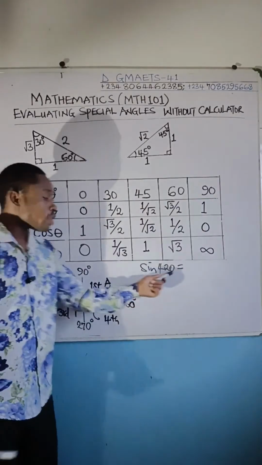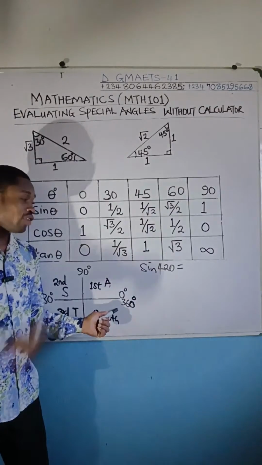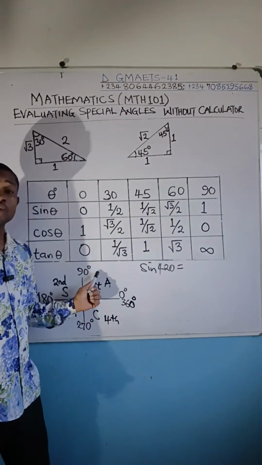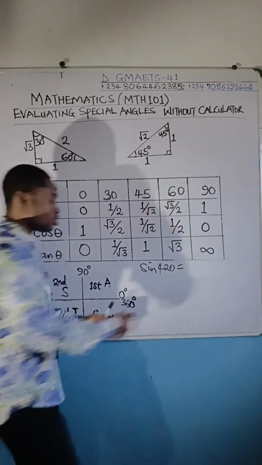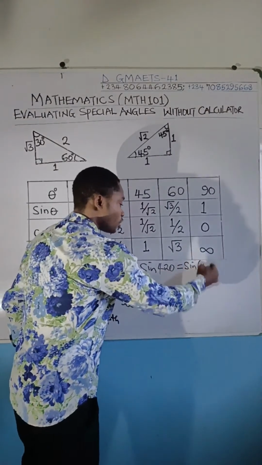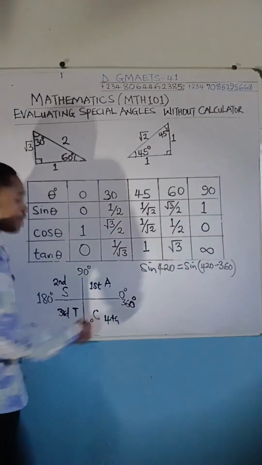Now, 420 will be subjected to the same treatment as 360. Since 420 is above 360, we are back in the first quadrant again. All you are going to do is to work with sine of 420 minus 360.